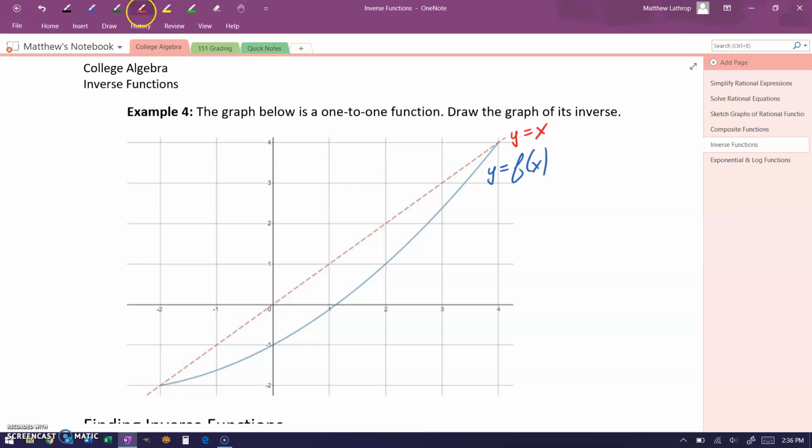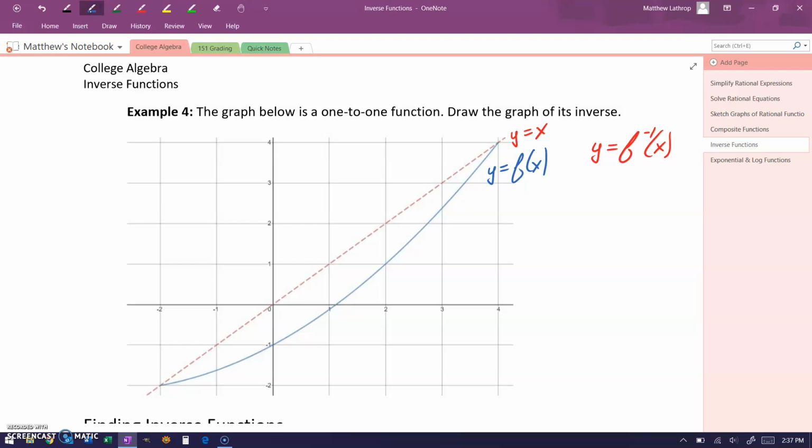What we can do then is form the function y equals f inverse of x. Kind of looks like we're writing f to the negative first power, but it's really just a notation for the inverse function. So we can construct this function inverse of f by finding the reflection of a few key points along that path of f of x.